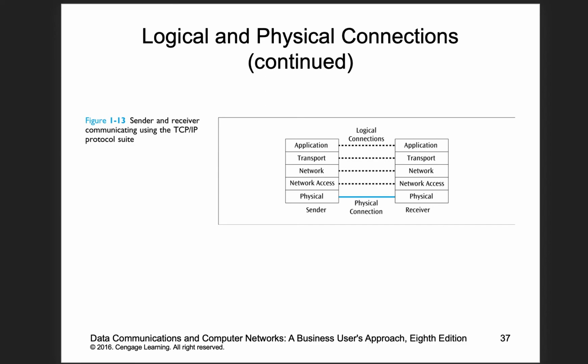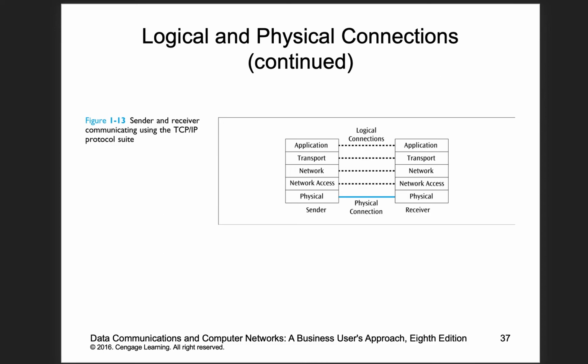On the left side, for example, if you want to send a signal from the sender, the data will flow from the application layer on the left side down to the transport, down to the network, down to the network access layer, and to the physical layer, which is the wire or the cable.